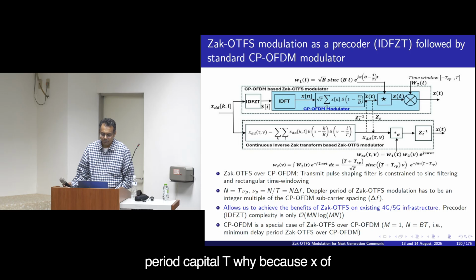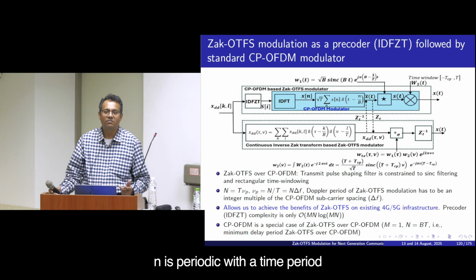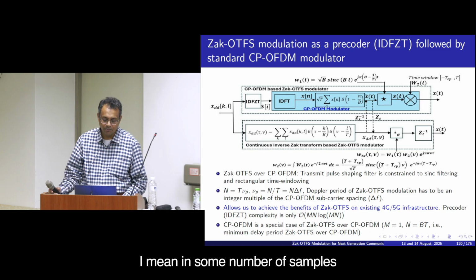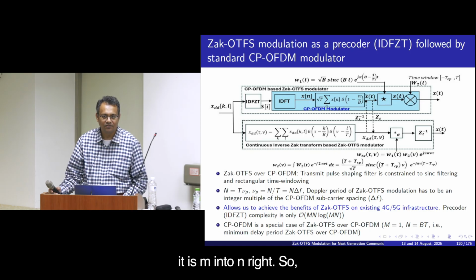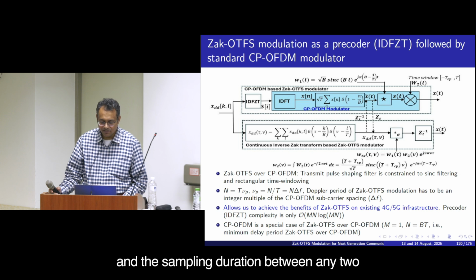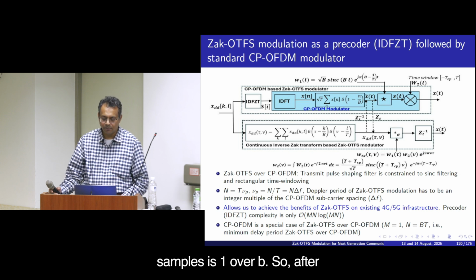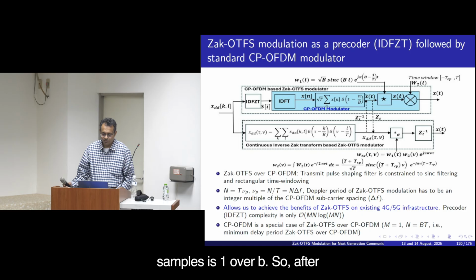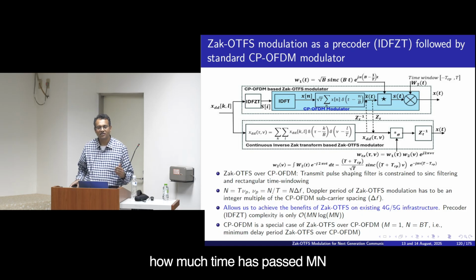Why? Because x of n is periodic with a period, in number of samples, of MN, and the sampling duration between any two samples is 1 over B. So after MN samples, how much time has passed?